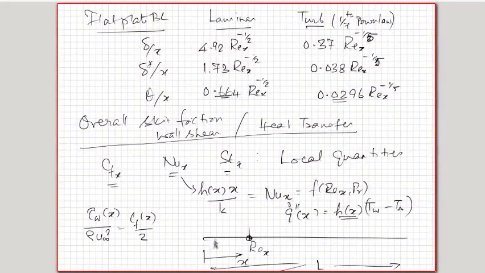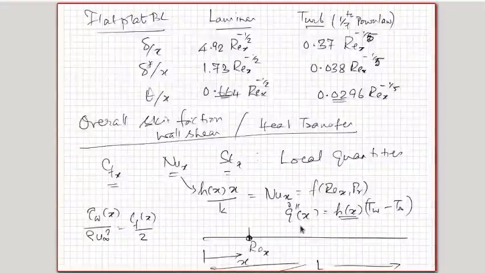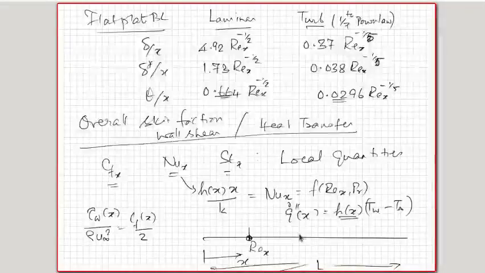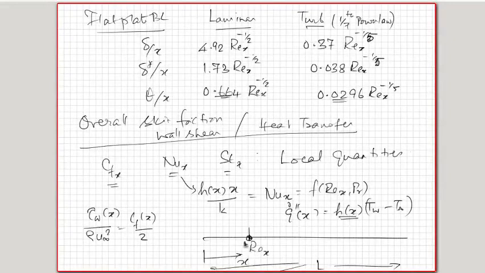So what happens is that as x increases, the Reynolds number Re_x also increases, and after a certain Re_x the flow cannot remain laminar, and therefore it transitions to turbulence because of the instabilities overpowering the viscous forces that are trying to contain them.